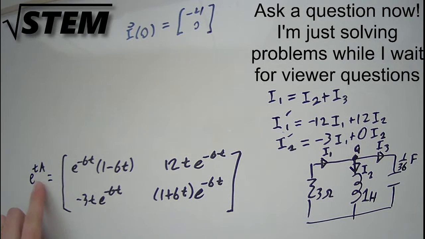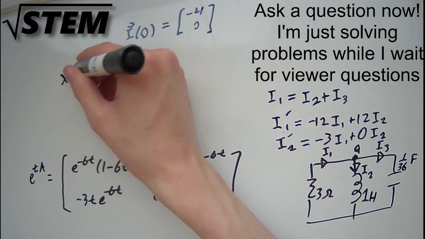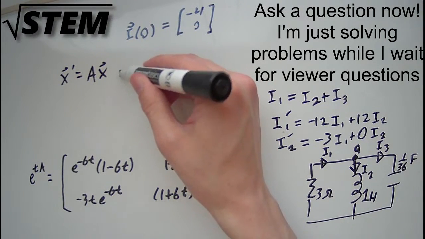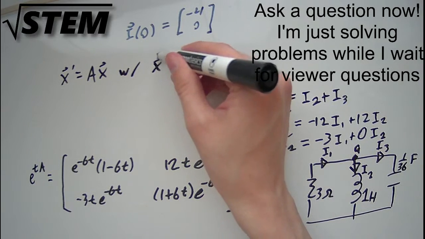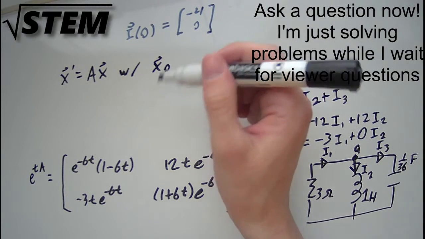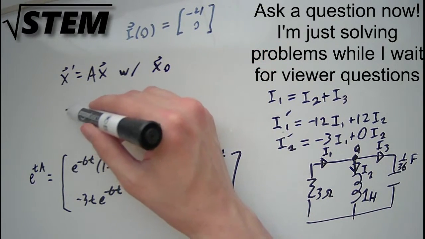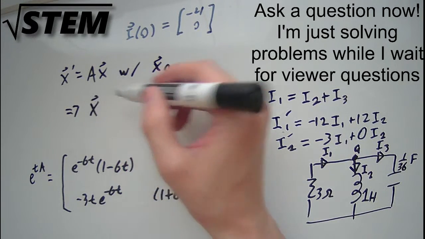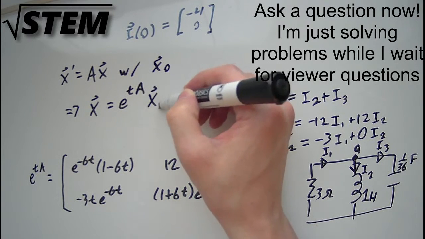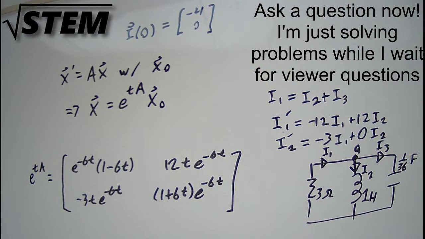Now what's useful about this matrix e to the tA is when you are solving a system like this, any system x prime equals Ax with an initial condition x0, or whenever your system starts, then a solution to that system is e to the tA times x0.